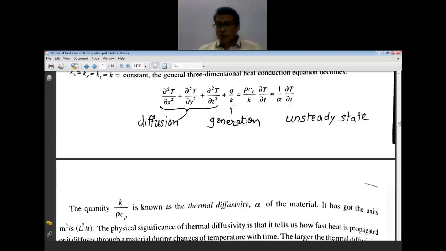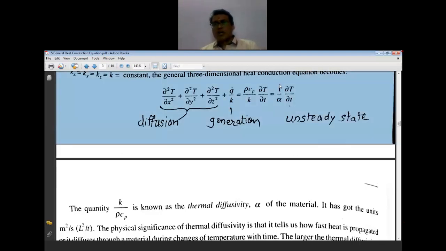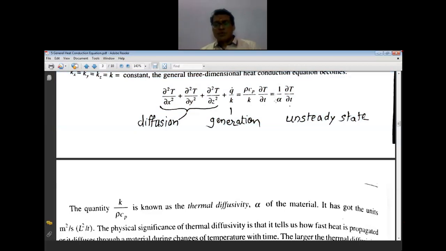Now you can have different forms. In case of the Laplace equation, no heat generation is there, so the term Q upon K becomes equal to 0. The remaining two terms, the diffusion term and the unsteady state term, will be there. In case of the Fourier equation, it becomes steady state. At steady state, the unsteady state term becomes equal to 0.